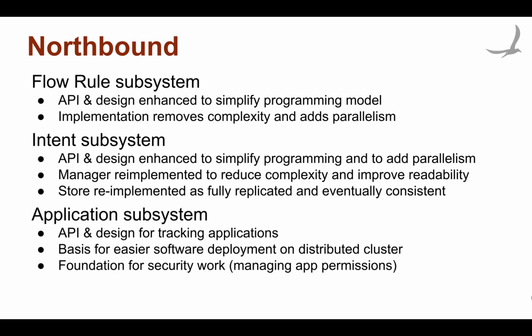The flow subsystem, as you already know, has been redesigned. The internals have been redesigned. The API has mostly stayed the same. It removes a lot of complexity and is much more deterministic. We've added an application subsystem so that you can inject applications at runtime and they'll be distributed across instances. Next slide.